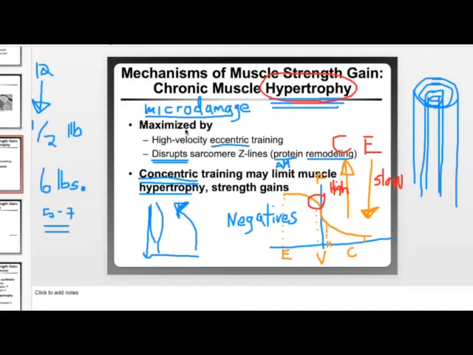All right, and then this eccentric muscle contraction, elongating the muscle, pulls these sarcomeres apart, creates this disruption in the muscle fiber that results in the body saying, oh man, there is damage. Send testosterone, growth hormone, insulin-like growth factor, send it to those muscle fibers.